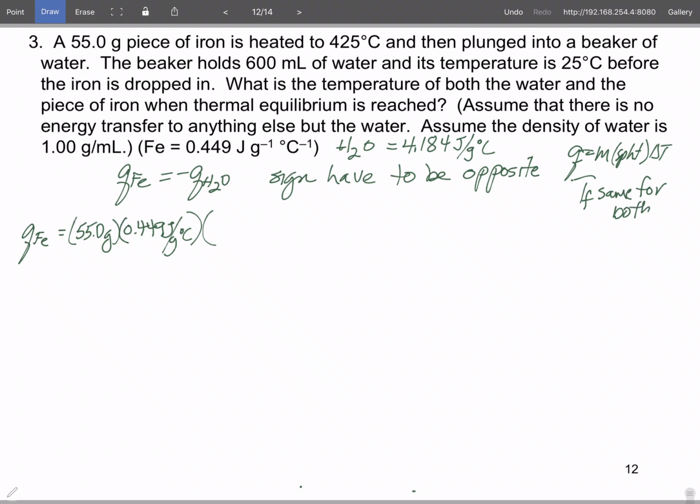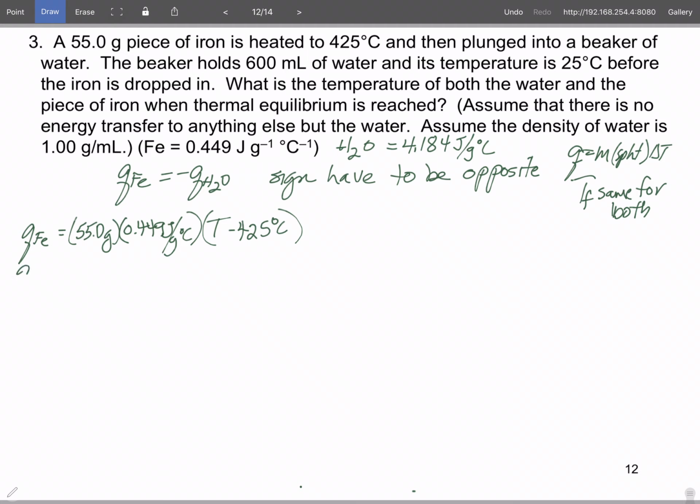Delta T is always T final minus T initial. Our initial we don't know, so we're going to call it T minus our initial temperature, which is 425 degrees.